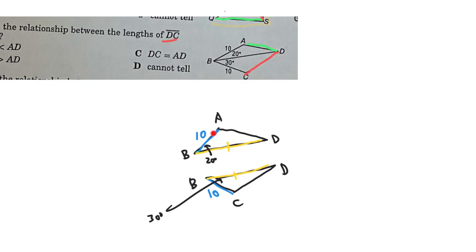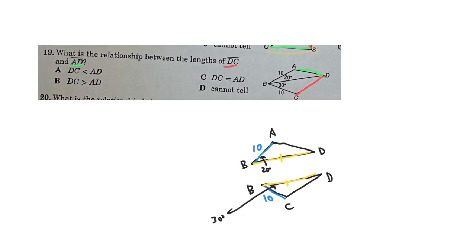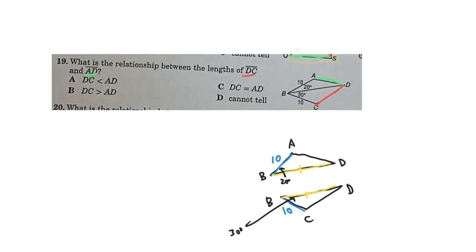So because the blue is equal to the blue, the yellow is equal to the yellow, this angle is bigger, so that means that DC has to be bigger than this DA thing, okay? So in other words, this red one has to be longer than this green one. So DC is longer than AD. That is right here. Okay, hopefully that makes sense.